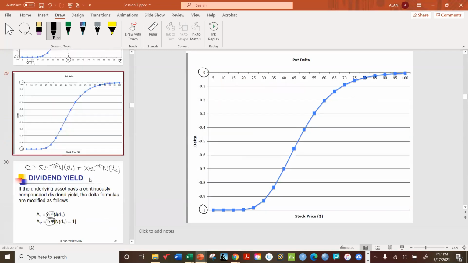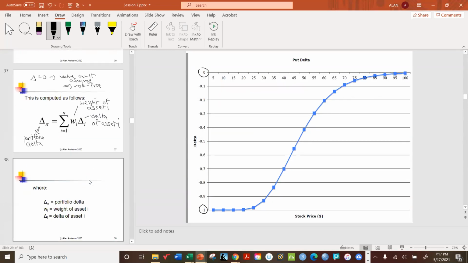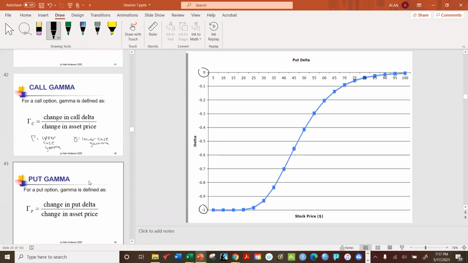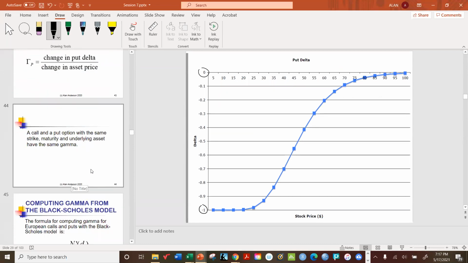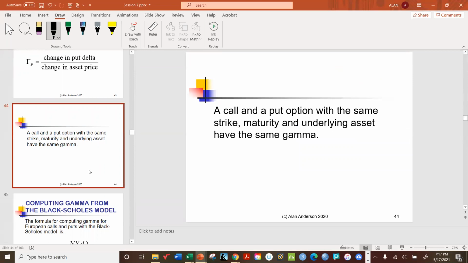If the slopes are the same, that means the gammas are the same as well. So therefore, we conclude from this that a call and a put with the same strike, maturity, and underlying asset have the same gamma. And the gamma is positive. Now that's something you weren't expecting, I bet.